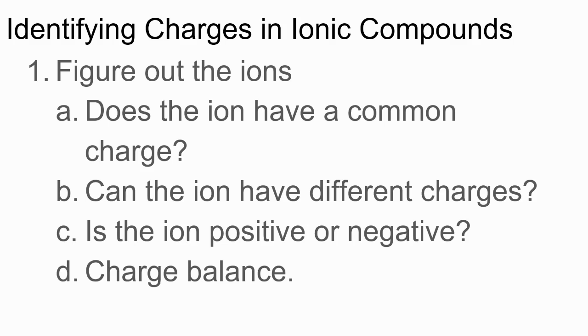So is the ion positive or negative? We talked about ionic bonds last time. So an ionic bond has what type of elements, generally? Good, metal and non-metal. So if we have a metal, is it going to be an anion or a cation?